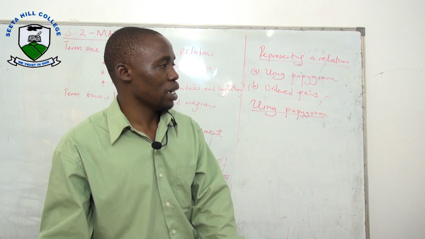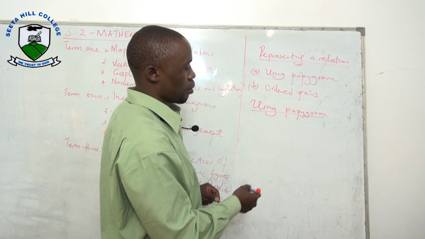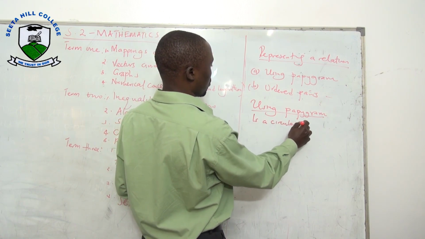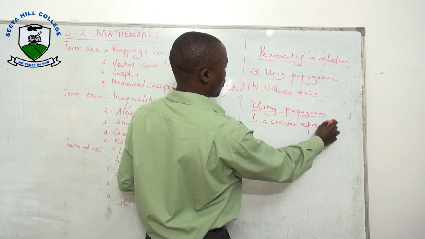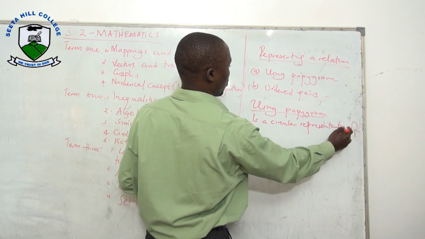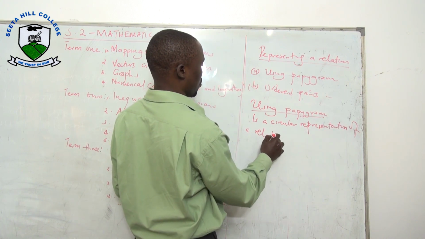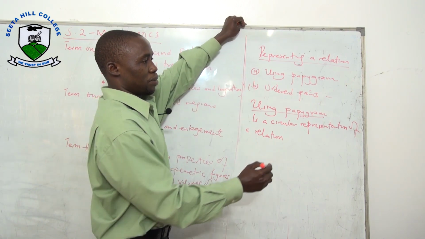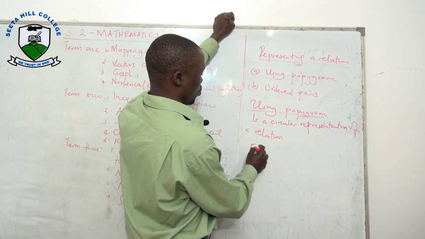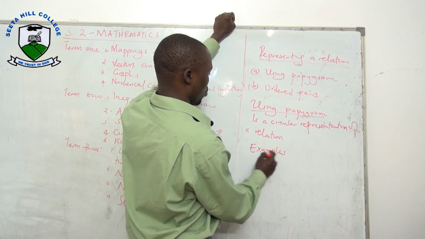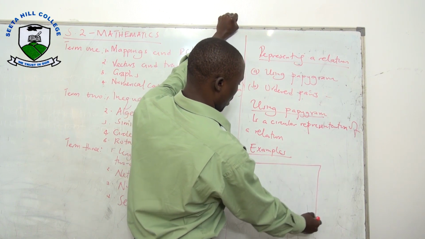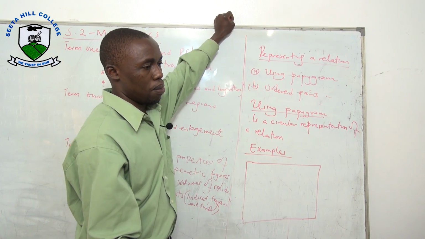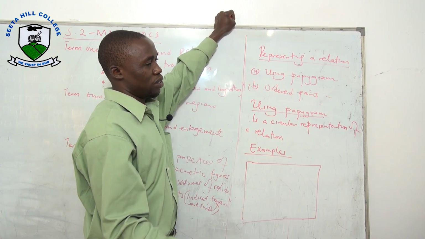And now a papagram is just a circular representation of a relation. For example, we say who is taller than the other?